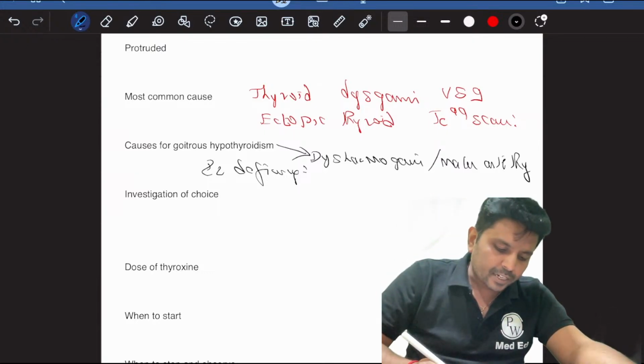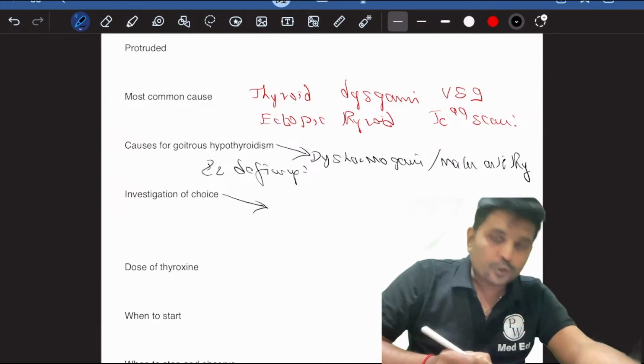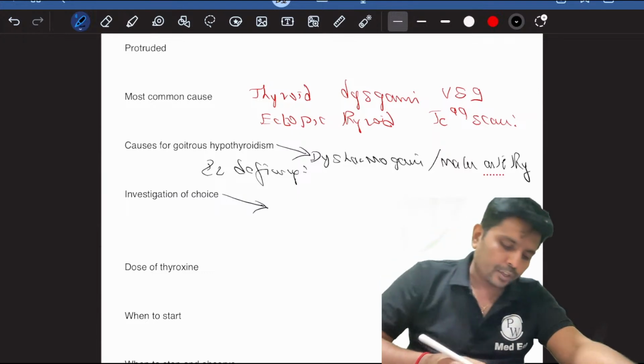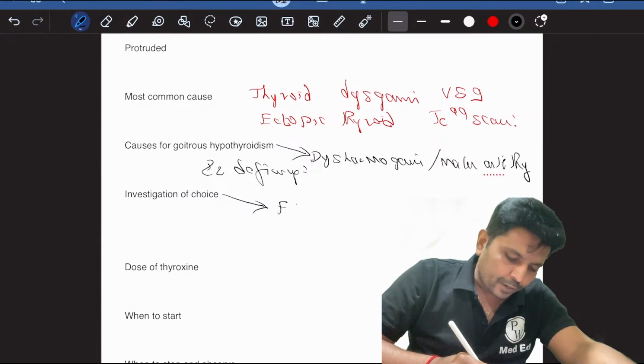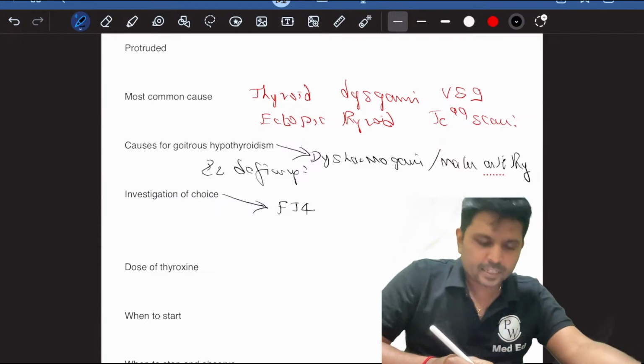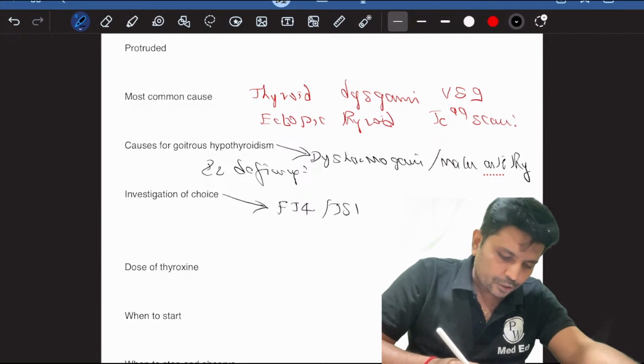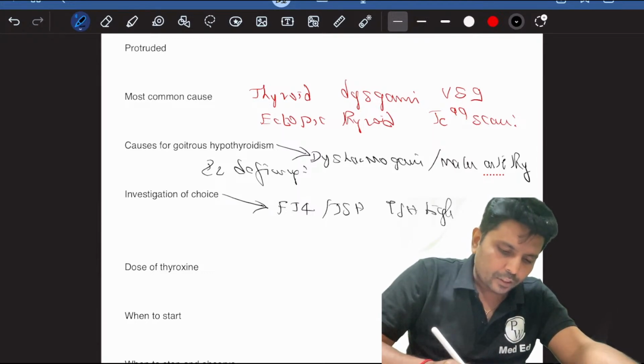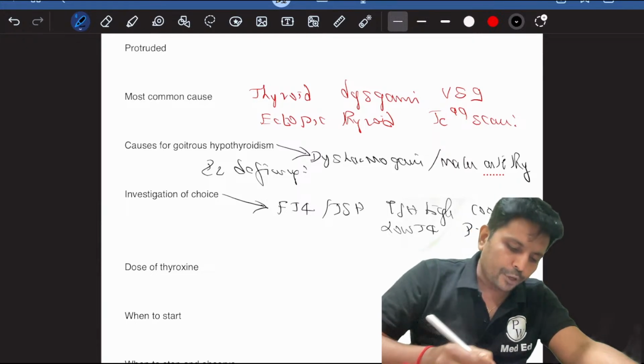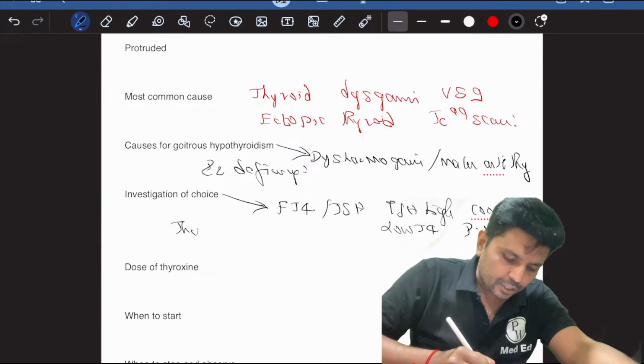What is the investigation of choice to find out congenital hypothyroidism? Free T4, usually T4 is enough, and TSH. When TSH is high with low T4, it is congenital primary hypothyroidism due to thyroid dysgenesis.